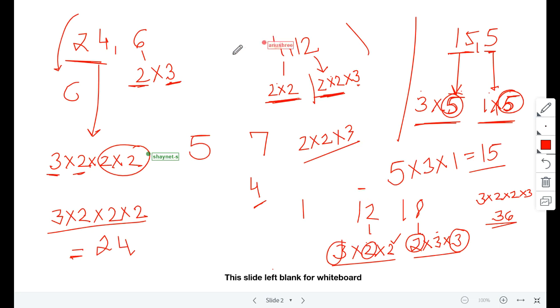First note down this, and then in the same manner try to get the LCM of 20 and 15.